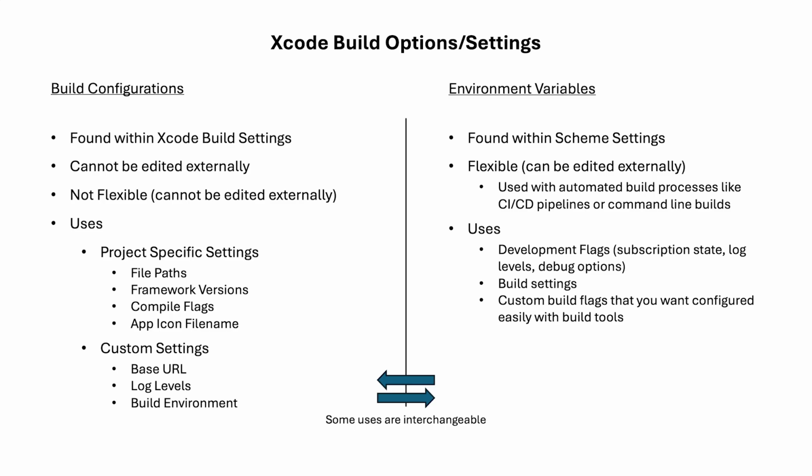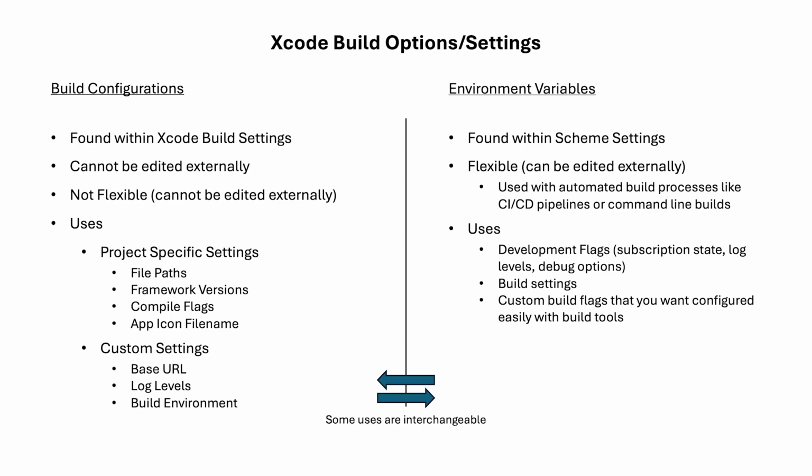Now, you can use both at the same time, which makes things even more convoluted. I know. Bear with me. I like to call those hybrid settings. So basically what you would do is you would have a build configuration, and then you would allow an environment variable to be set that would override the build configuration.